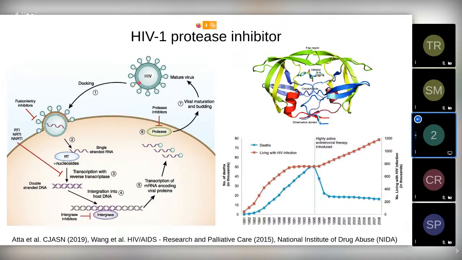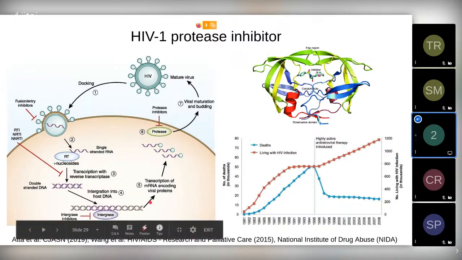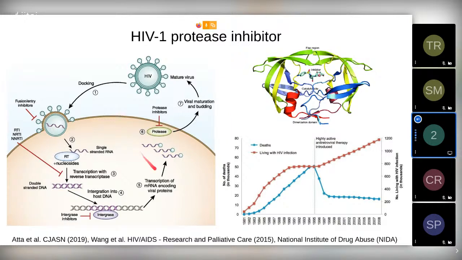And when the virus enters our cell, it puts the RNA inside the human cell, which goes through a lot of processes into the integration into the host DNA, from which new viral particles are generated, and they become mature viruses and come out of the cell. The protease enzyme is used in this particular step where new infectious viral particles are generated from the small proteins.